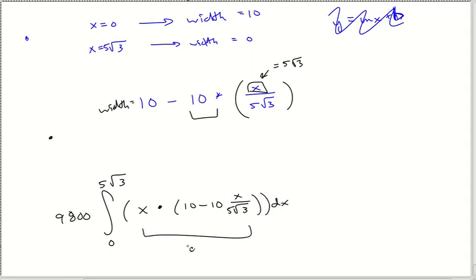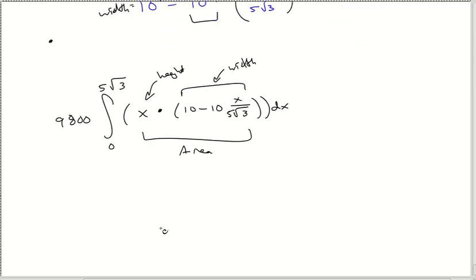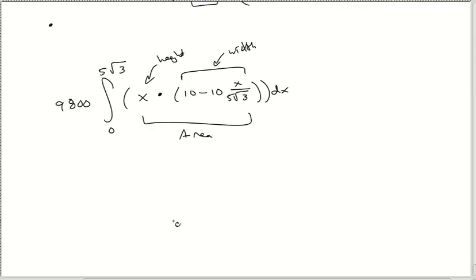Again, this whole thing is my area, but this is my depth, or height, or whatever you want to call it, of a rectangle. And this right here is my width. So I'm deconstructing my area into height times width for each rectangle, basically. Okay, cool. And we're done here, right? Ta-da!